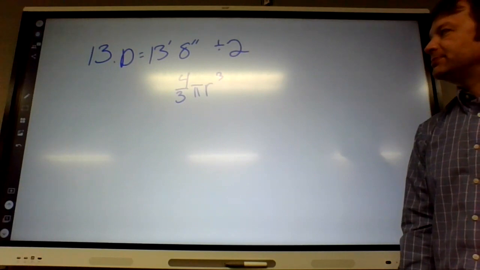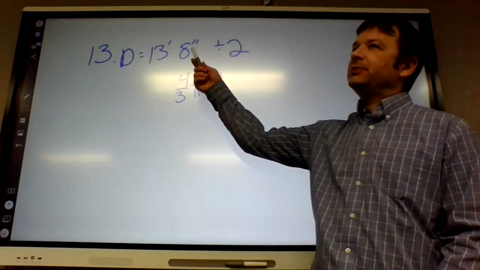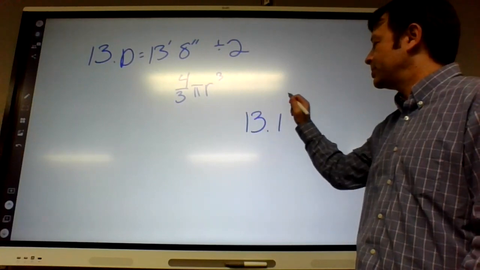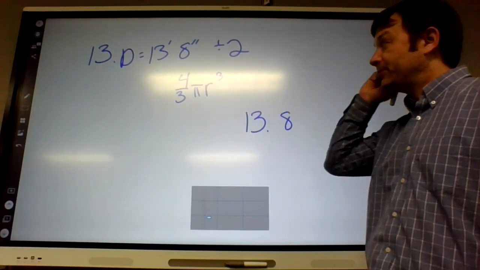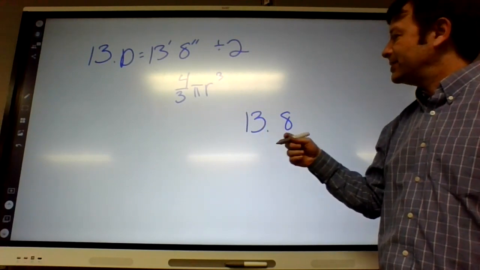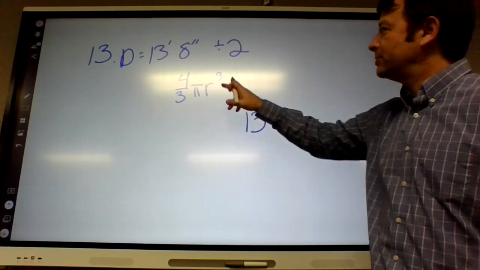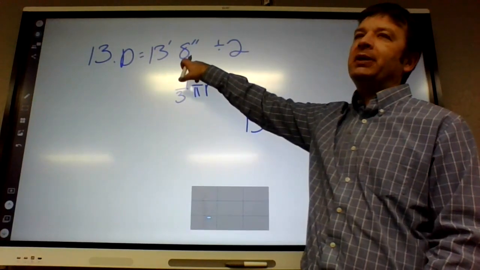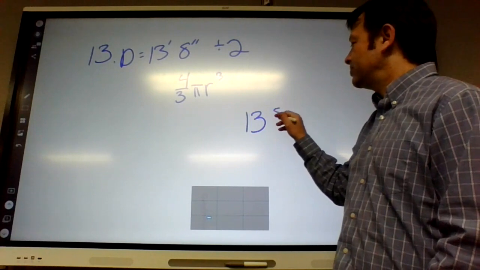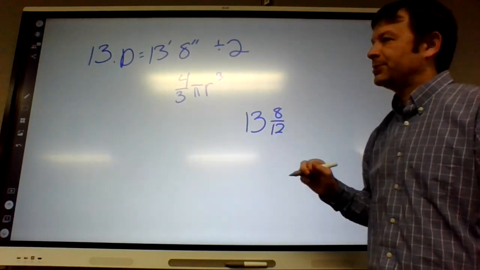Well, because 8 inches is not 8/10 of a foot. If you tried plugging this in, it would just be wrong. It'd be close to right. Well, what fraction of a foot is 8 inches? 8/12. So this would actually work.